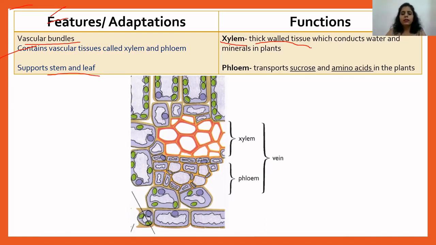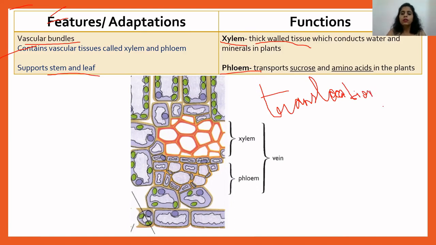The second tissue is phloem. Phloem is a tissue in plants which helps in the process of translocation. What is translocation? You will learn in further units.